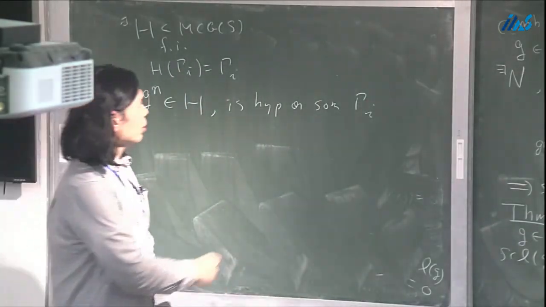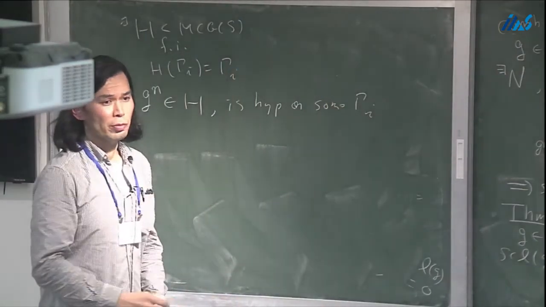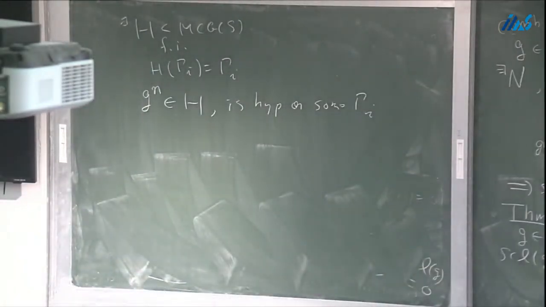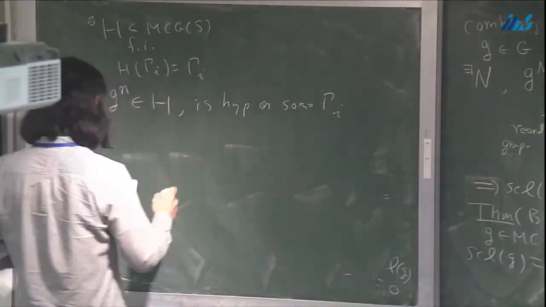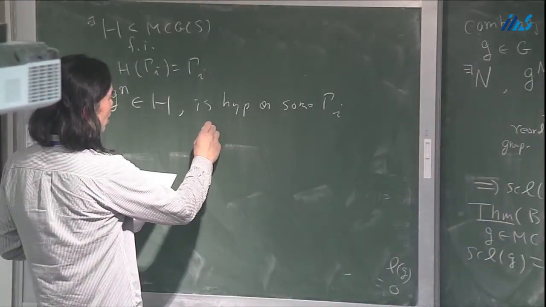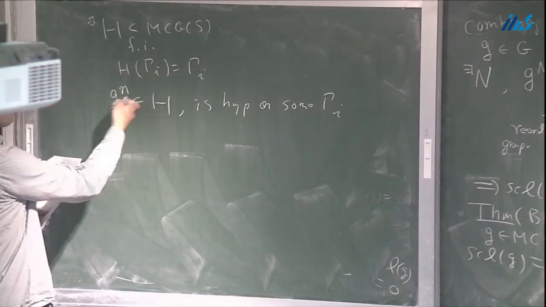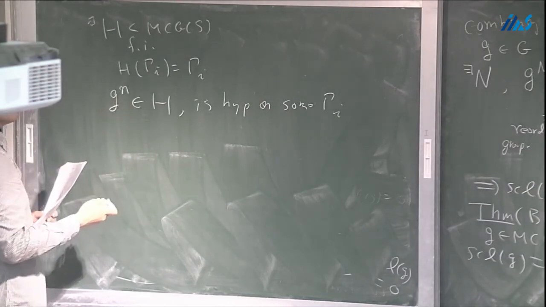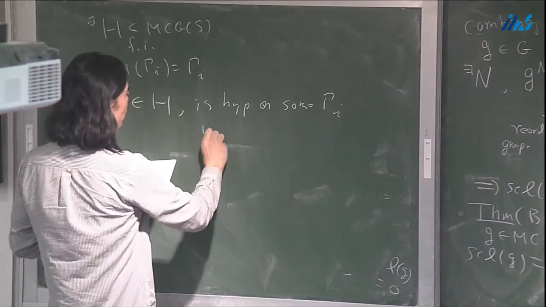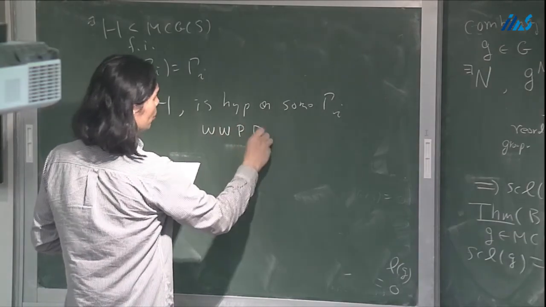And now I come to the point of how good the action is, because this action was proper, but now I just look at one factor, so the action on that factor is no more proper. It's highly improper. Nevertheless, we prove the action of H on gamma i with respect to this element is weakly properly discontinuous.